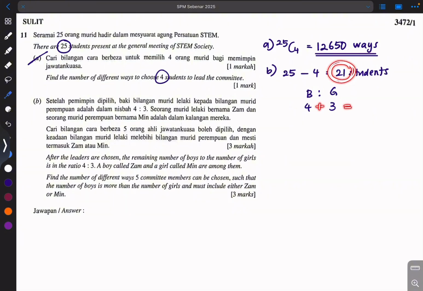Our ratio, if we add, we get 7. So 21, we divide by 7. 21 over 7 will give us 3, right? So this whole thing we have to times 3. So the actual numbers would be 12 to 9 students. So there are 12 boys and 9 girls. Okay, total we get 21.